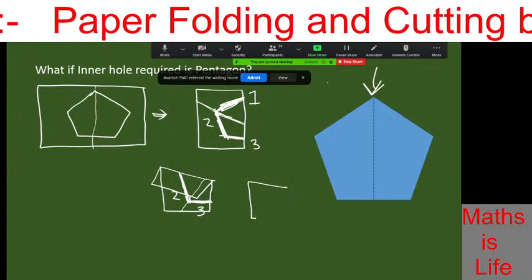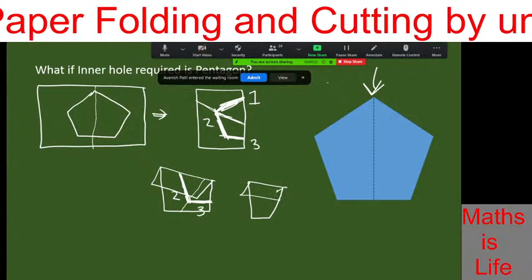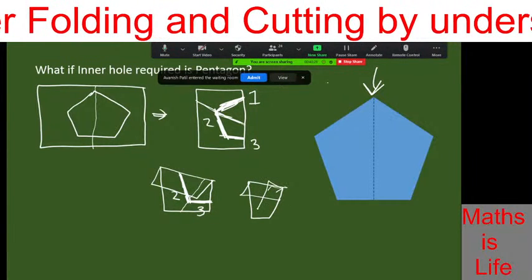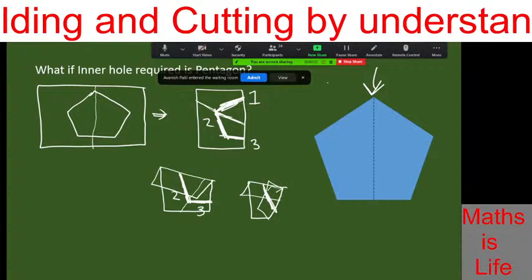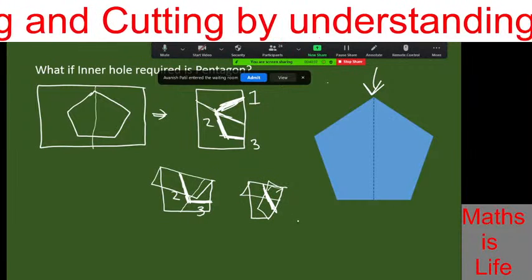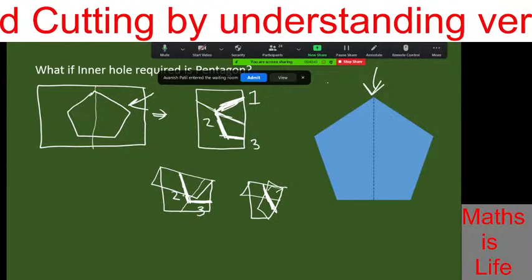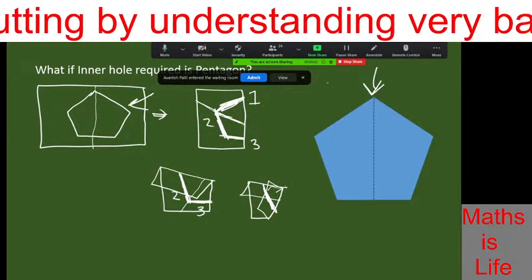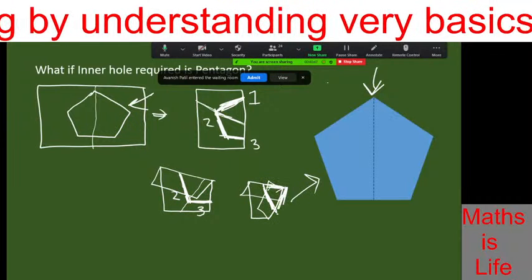So the shape will look like this. Possibly I am drawing very fast, so you may get a different shape. So this line includes line 1, line 2 and line 3, which means the whole shape is included in one line. So when we cut out that one line, we will get the pentagon from that separated paper.